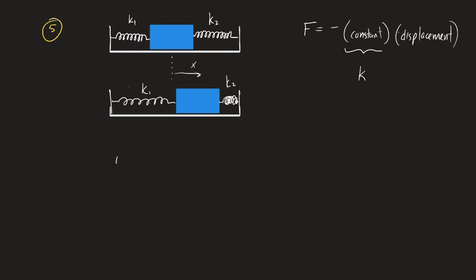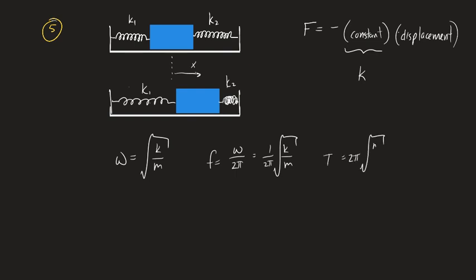So we know that we have the angular frequency, which is the square root of K over M. We have frequency, which is angular frequency divided by 2 pi, or 1 over 2 pi times the square root of K over M. We have period, which is 2 pi times the root of m over k. There's x max times the square root of k over m equals v max.